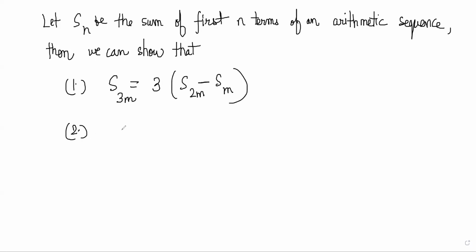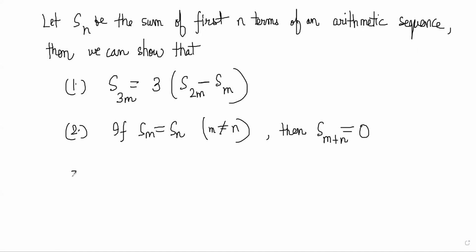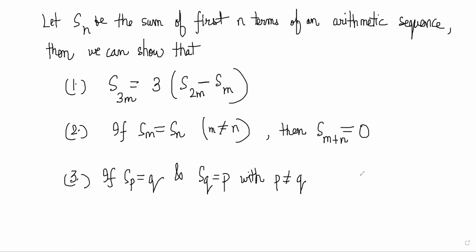Second property is, if S of m is equal to S of n and m is not equal to n, then S of m plus n is equal to 0. And the last property is, if S of p is equal to q and S of q is equal to p, with p not equal to q, then S of p plus q is equal to minus of p plus q.